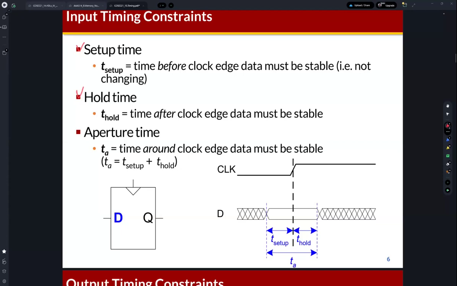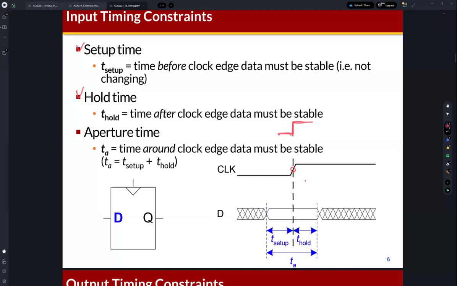Setup time means that, so this is the rising edge of the D flip-flop, right? And the input signal of the D flip-flop needs to be stabilized before the rising edge of the clock. Theoretically, the rising edge occupies zero time, right? This is the edge.